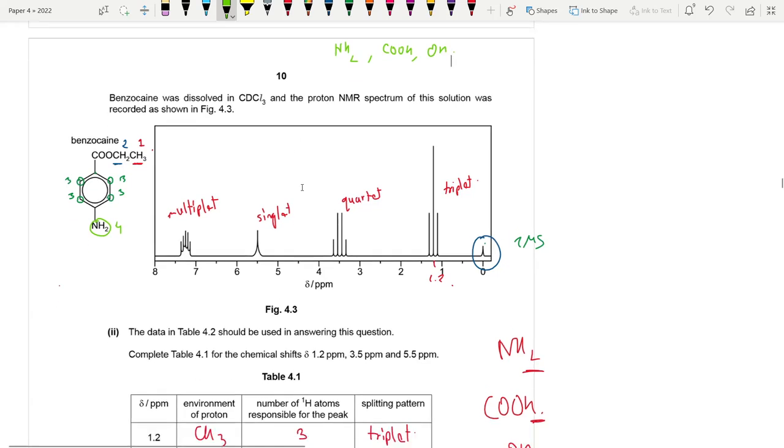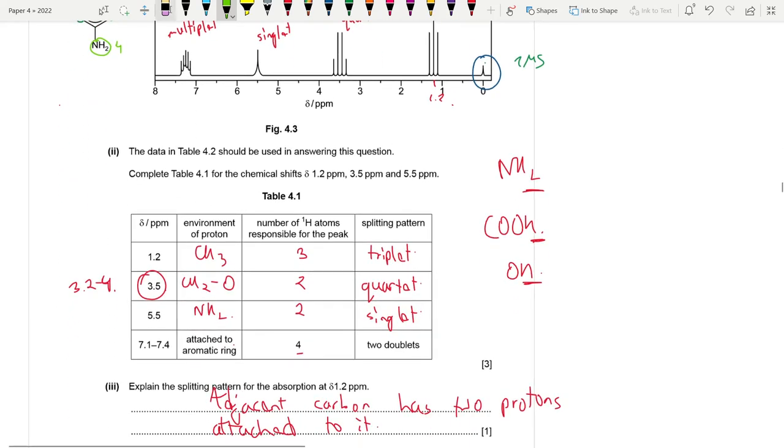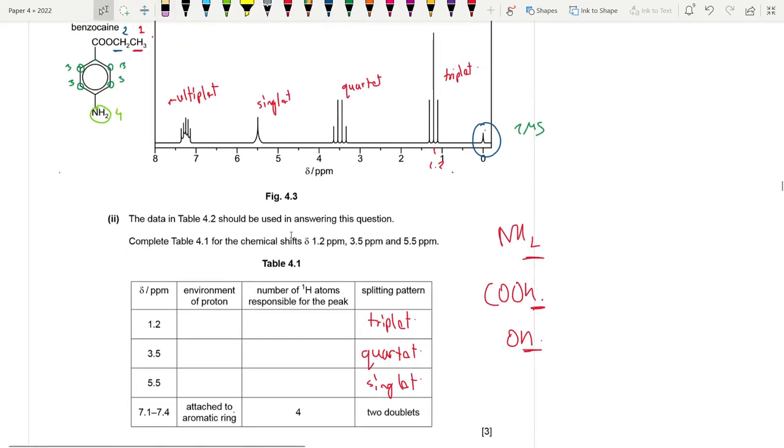So at first let's fill up the splitting patterns. It's pretty straightforward. The one at 1.2 is a triplet, the one at 3.5 is a quartet, the one at 5.5 is a singlet. Two doublets mainly refers to a multiplet. It doesn't really matter. Benzene rings are basically off limits, they're always going to be multiplets. So now we need to figure out the environment of the proton.